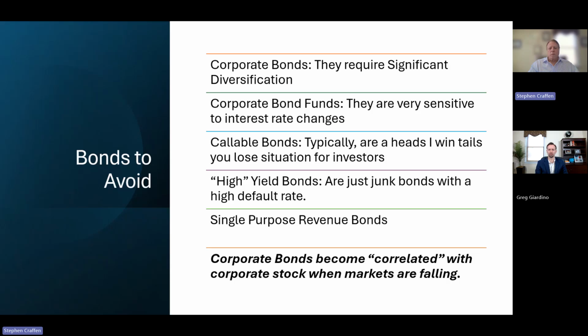Okay, next, we talked about bonds we think you should avoid. Corporate bonds, I mentioned why I think you should avoid them. They're not always a great harbinger of value in market declines. They also require significant diversification.